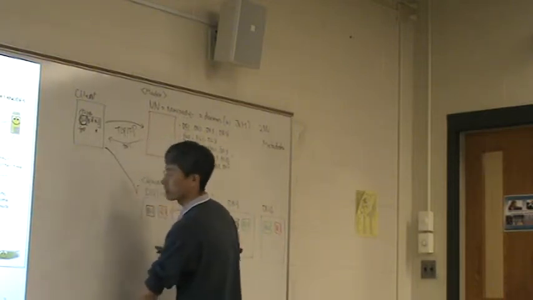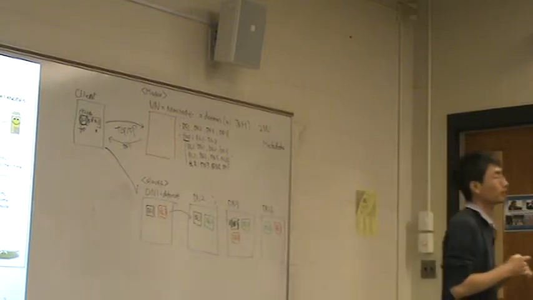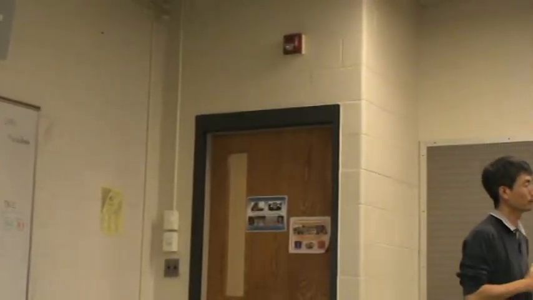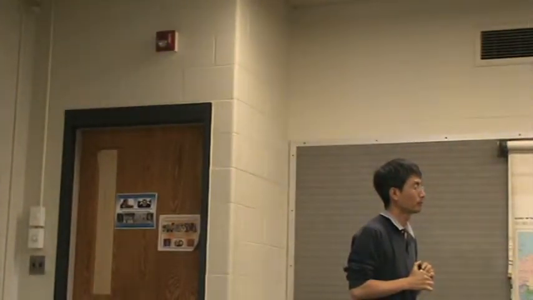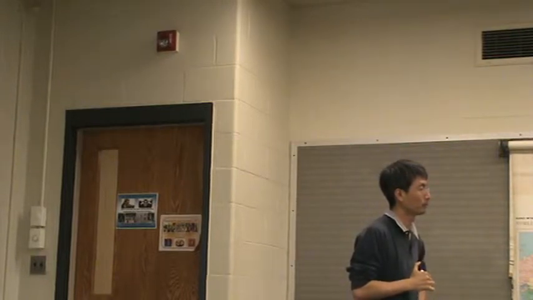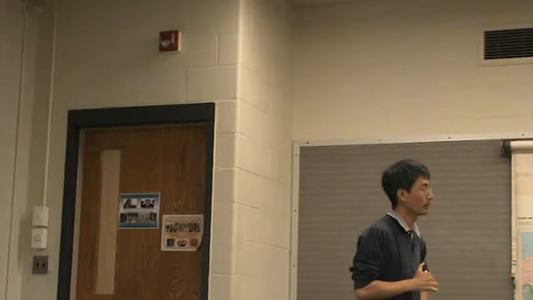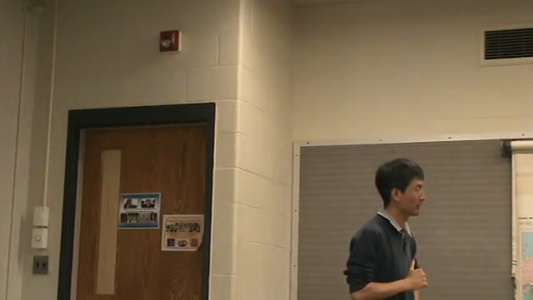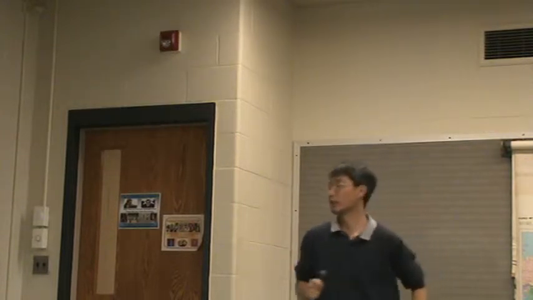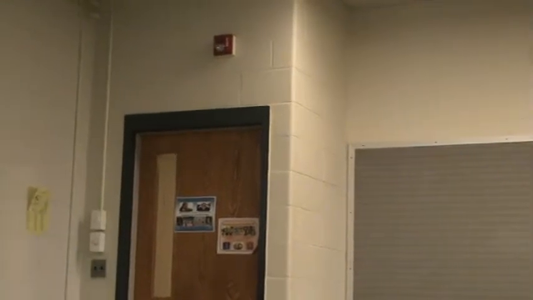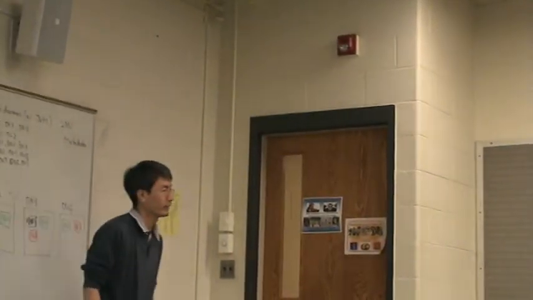Excuse me, Professor. You said when I install Hadoop, I can set the size that we want. Is there a standard size for the blocks? Yes, 64 megabytes or 128 megabytes. This is the standard.